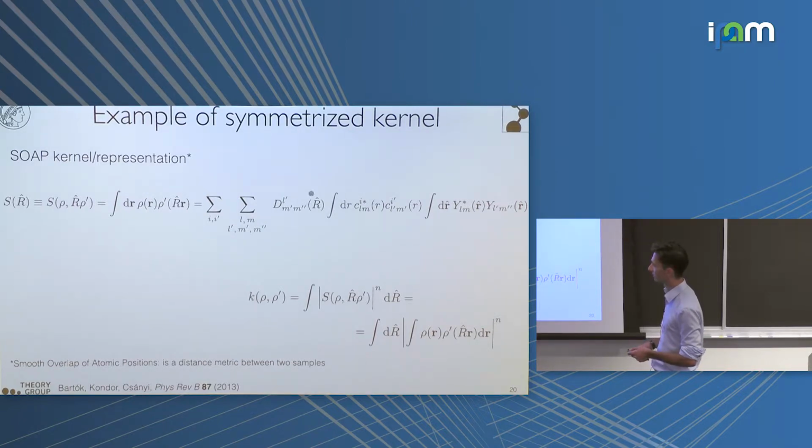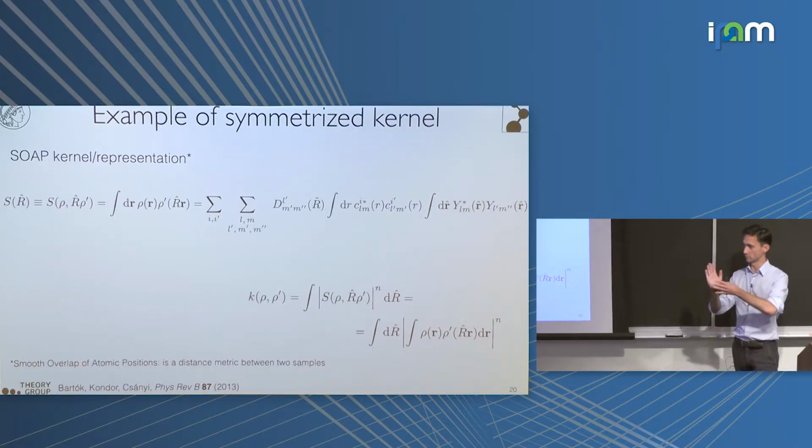One way it's been used is in the SOAP kernel, SOAP representation, where you have an input sample representation. So this is a smooth density rho, and then you're looking at the overlap between rho and another input rho prime, and then you have a certain rotation matrix R applied onto rho prime. I'm not going to go through this equation here, but basically what I want to focus on is that when they compute their kernel, they're integrating over all rotations of this overlap distance between rho and rho prime of the rotation matrix R applied onto rho prime, and they do it only on this one.